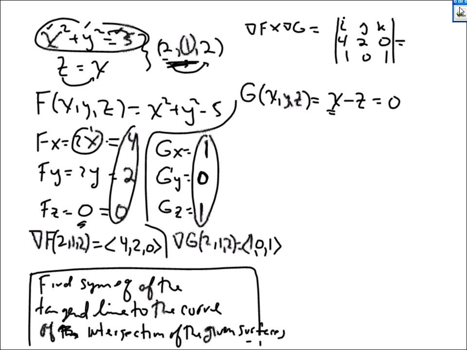This determinant is going to be negative 2I plus 4J negative 2K. So if you do the spaghetti method, that's what you would get.